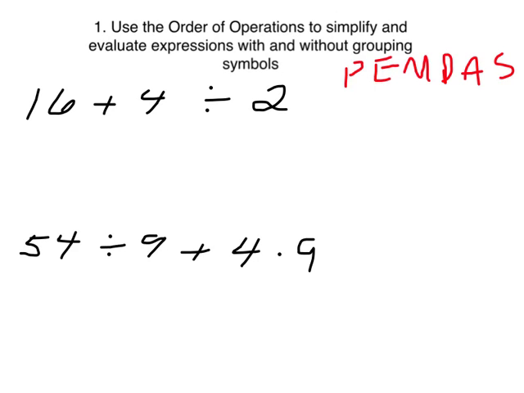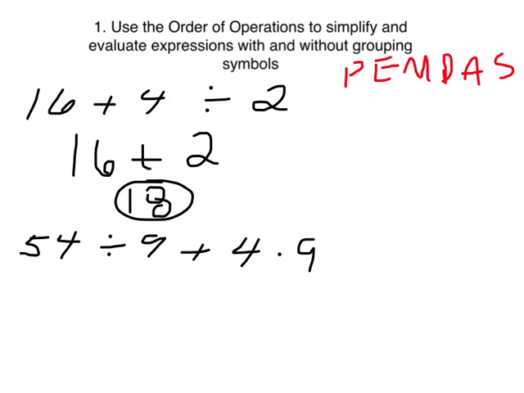So for this first expression, 16 plus 4 divided by 2, if we are realizing we have division and addition, well, which comes first, the D or the A? Well, the D comes first. Division, so we have to do the division. 4 divided by 2 first. 4 divided by 2 is 2. Now we bring down the 16 in the addition. And there's our answer. 16 plus 2 is 18.